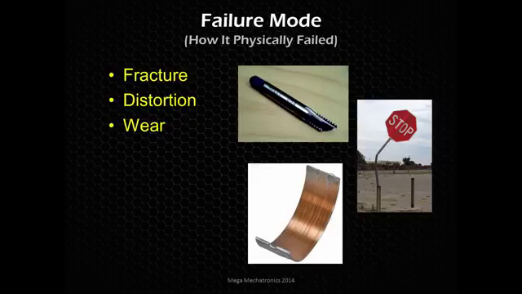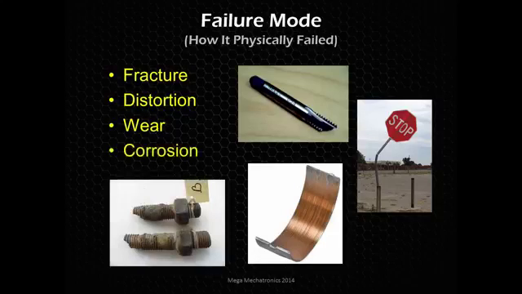And then you overstress it and it breaks. So wear can lead to failures and inefficiencies and catastrophic failures as well. And corrosion. Corrosion can definitely lead to excessive wear, distortions, and most likely fracture.